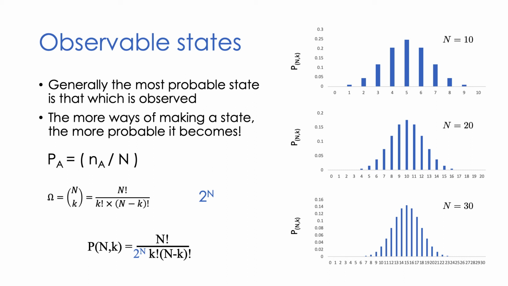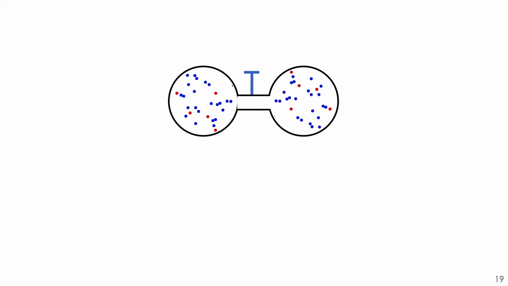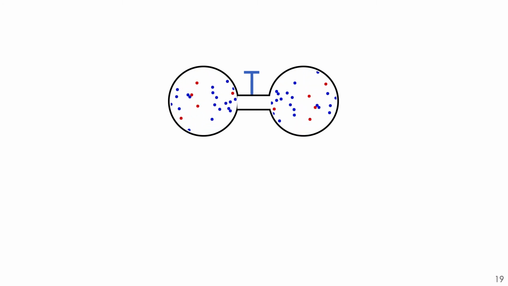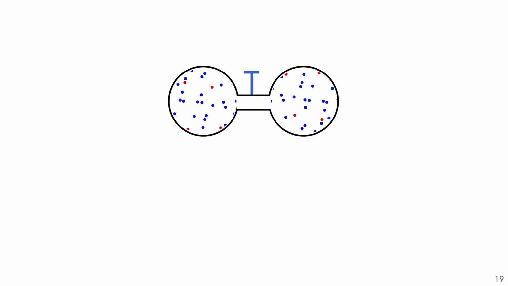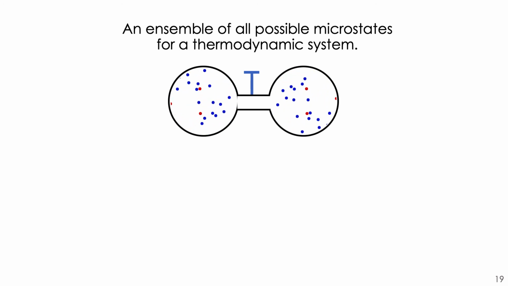So, summarizing what we have seen, we have a system in which we indeed know now that the molecules distribute equally on both sides based on the statistical description that we just made. Remember that the actual observation that we are describing here is an ensemble of all possible microstates for a thermodynamic system.